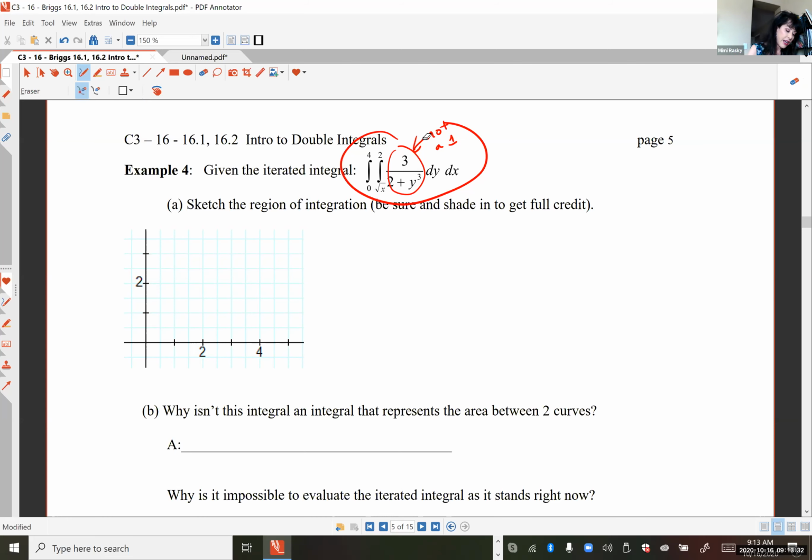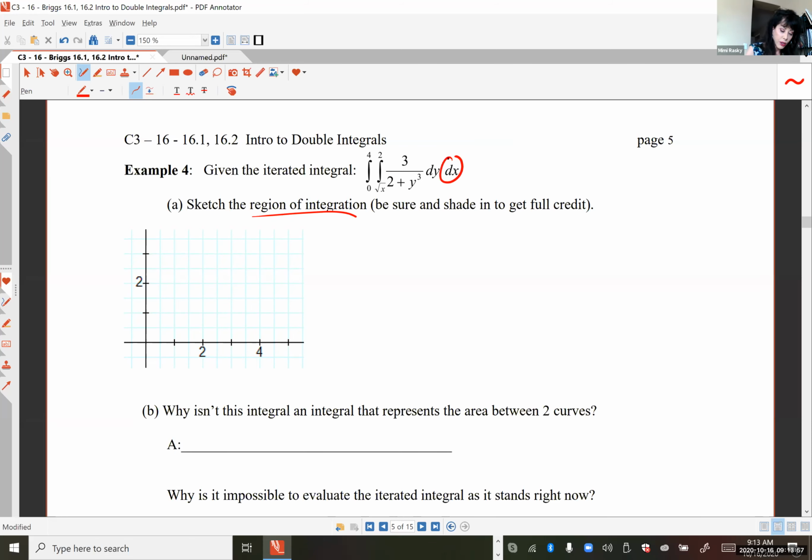So that means not an area, not represented. But here's the deal. We still can talk about the region of integration, which is still going to be the area between two curves. So you need to still go graph that puppy. So you're going to use the Raschke method that I've already taught you, and I'm going to go over it again in case you fell asleep in my last example.